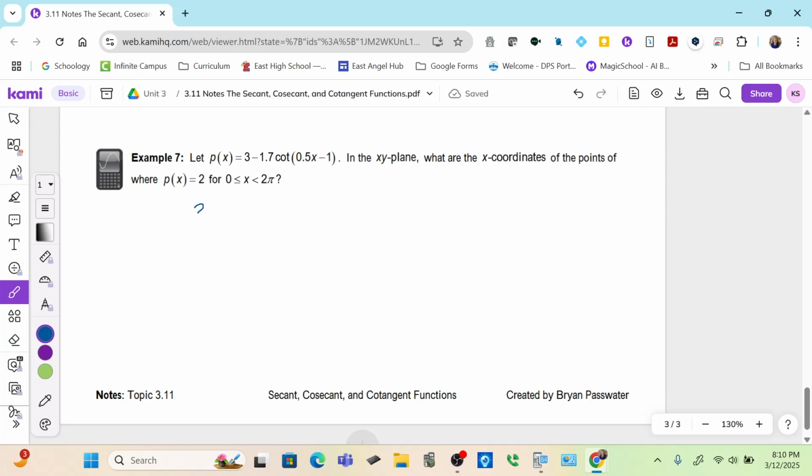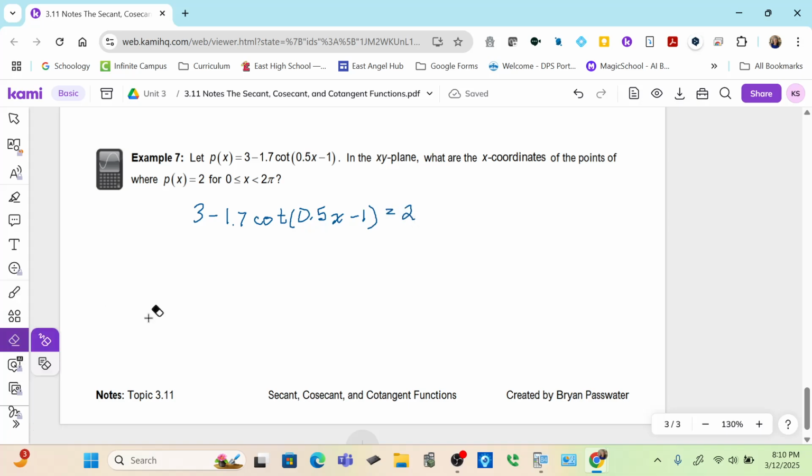So let's set 3 minus 1.7 cotangent of 0.5x minus 1 equal to 2. Well, we want to isolate the cotangent.